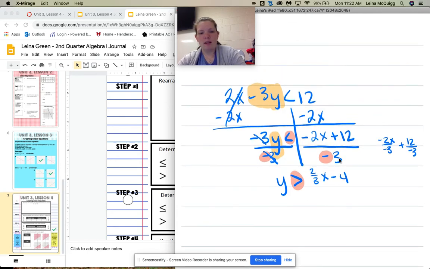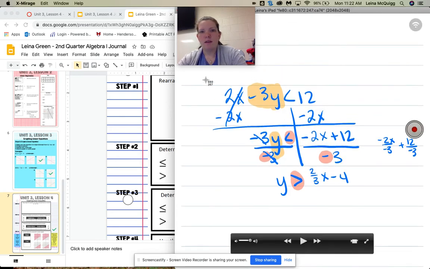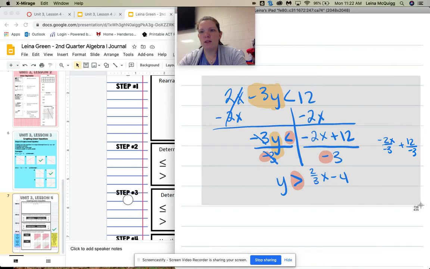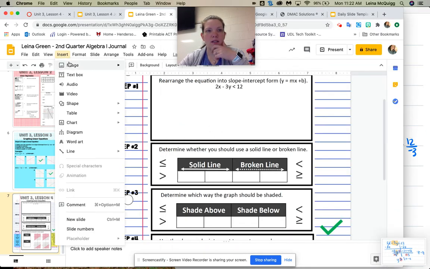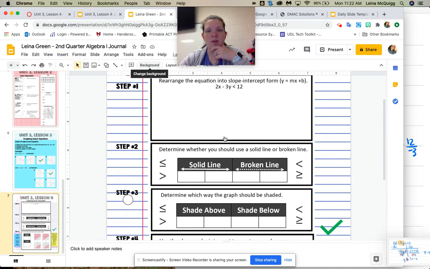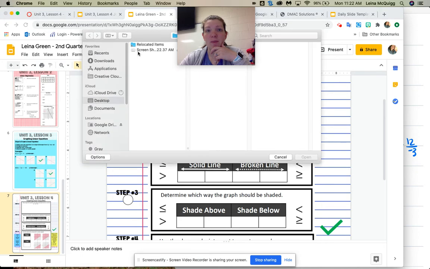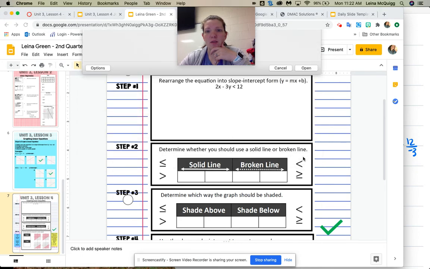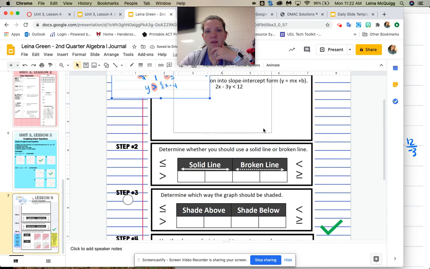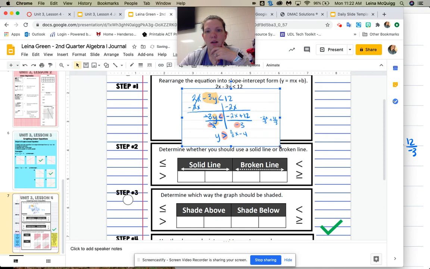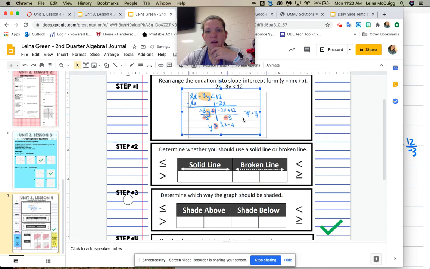I'm going to go ahead and screenshot this. And I'm going to insert image from computer. I'm going to go ahead and put my notes into my journal. So you can write that on paper and then just insert a picture.